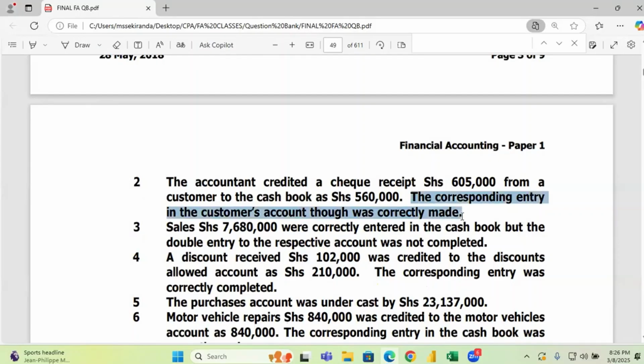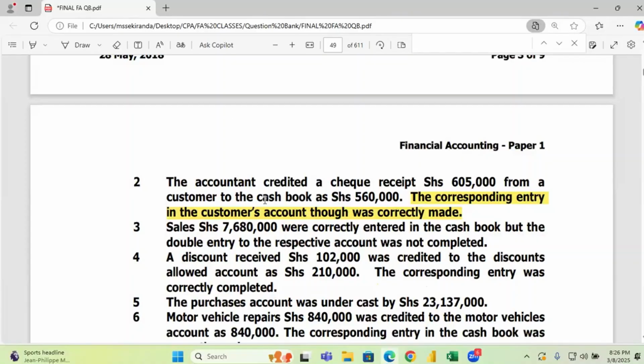So this statement means we don't have any issue with the customer's account. Okay? The entry made there was correctly made. So the examiner does not expect to find any entry affecting the customer's account when correcting this error, because the examiner told you it was correctly made. So you have no deal with it.